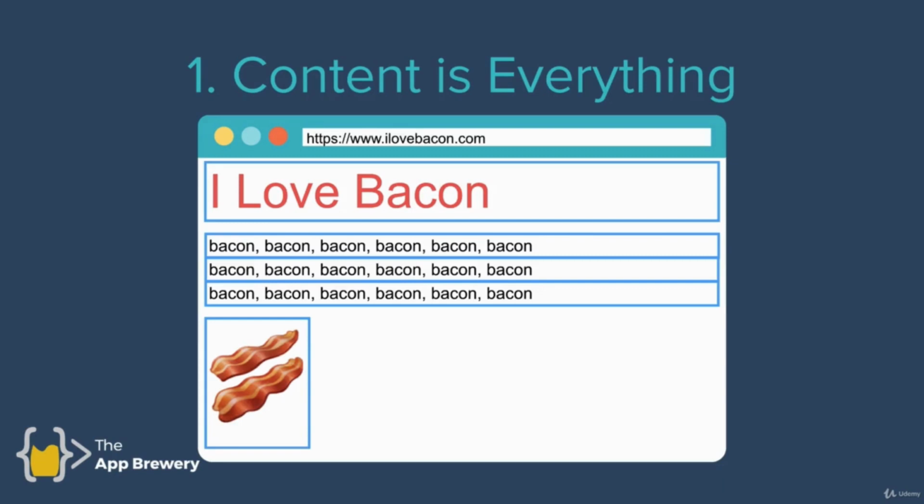The first rule is that content is everything. Now we know that inline elements only take up as much width and as much height as the content. So if you have a span that contains a long word, then it has a large width. If you have a span that contains a short word, then it has a short width. And with block elements, even though they take up 100% of the width, the height is still determined by the content.